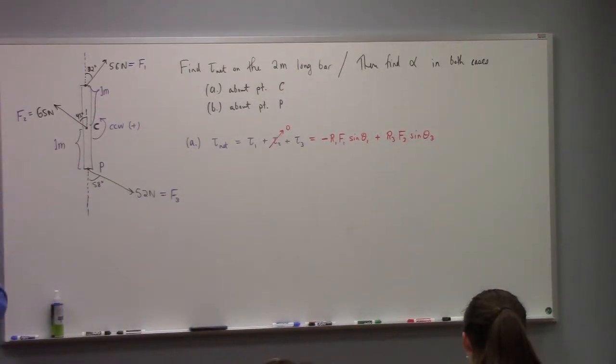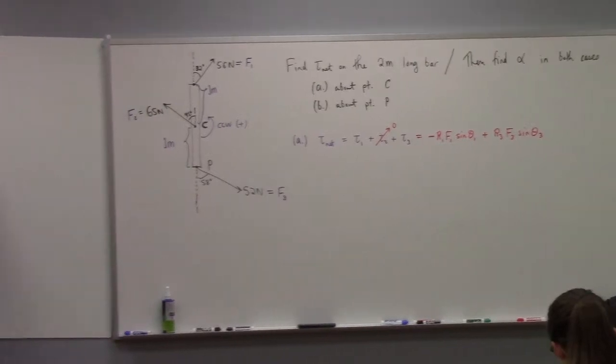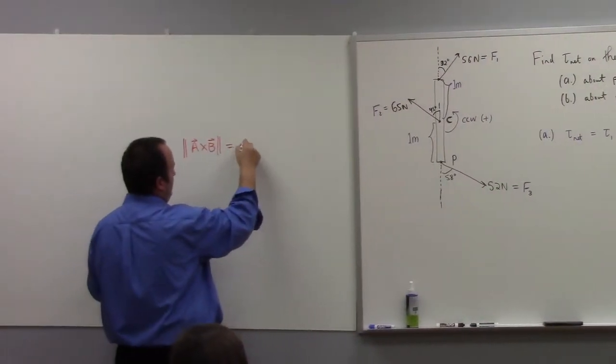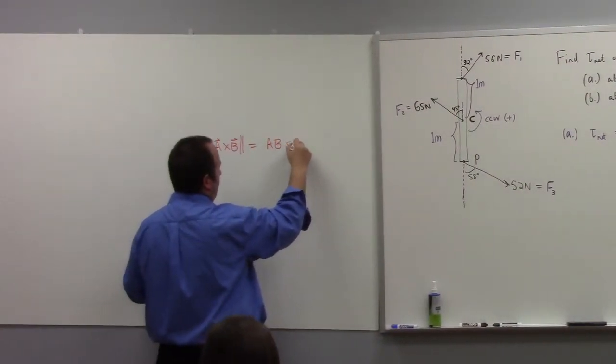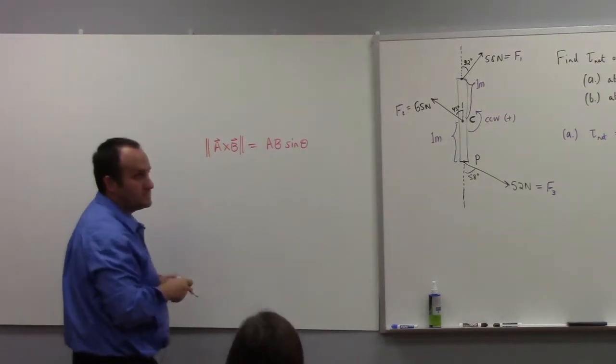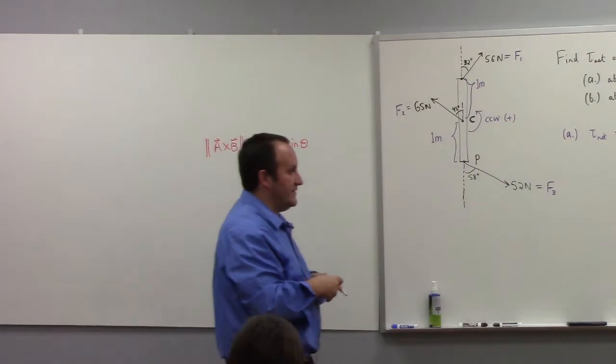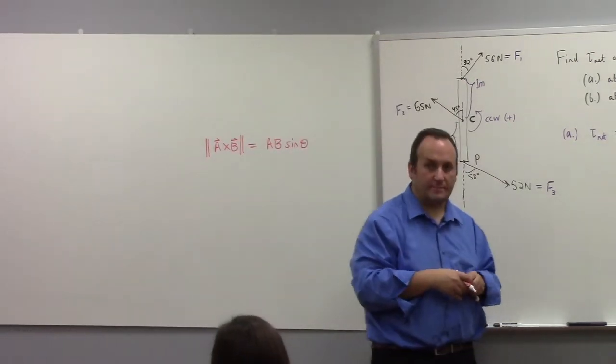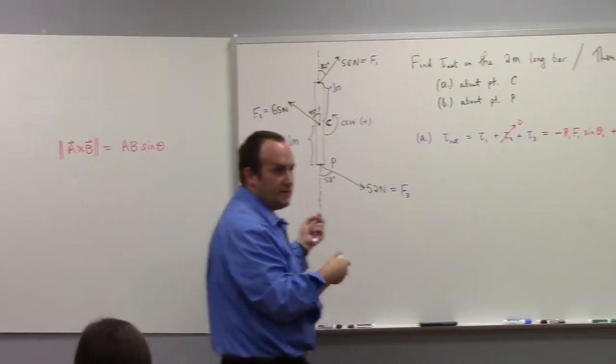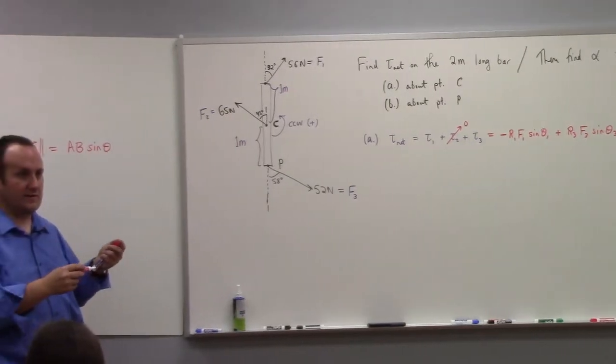We don't need the cross product in this context. But by the way, the magnitude of A cross B, if you didn't know this, it's AB sine theta. So when you take the magnitude of r cross F, you get rF sine theta is my point. And we put in plus or minus here to reflect the clockwise or counterclockwiseness.